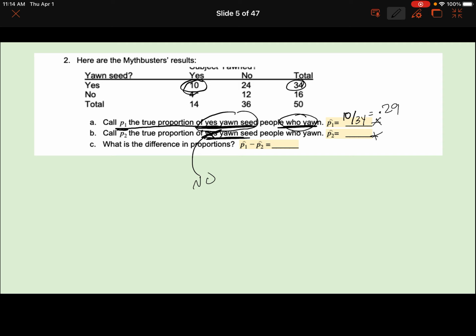Then for B, it's the proportion of the no yawn seed people who yawned. So that's going to be 4 out of 16, which is 0.25. The difference here is 0.29 minus 0.25, which is 0.04. I want you to try to answer questions 3 and 4, and then we'll go over those when you're ready.